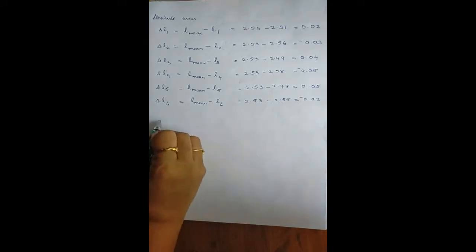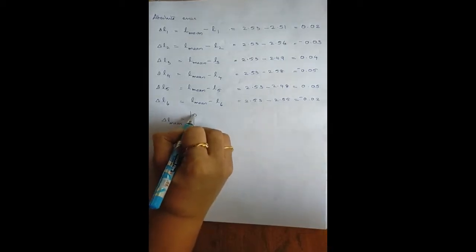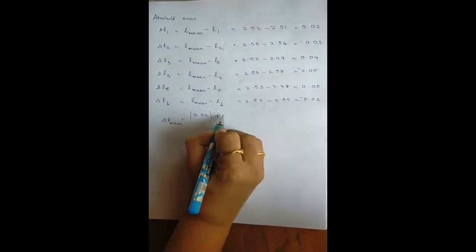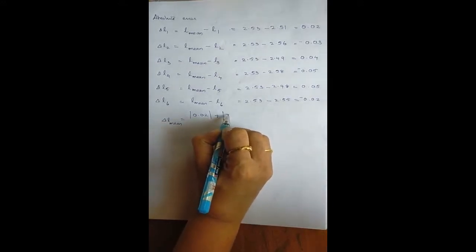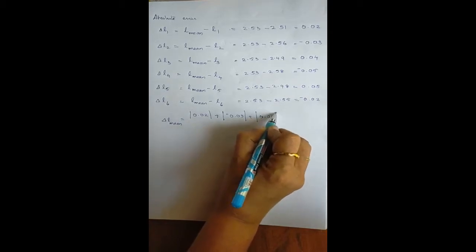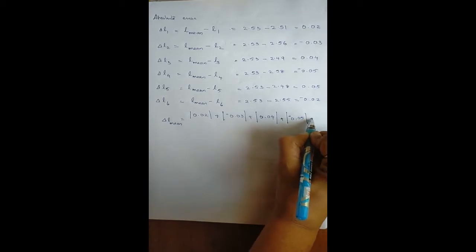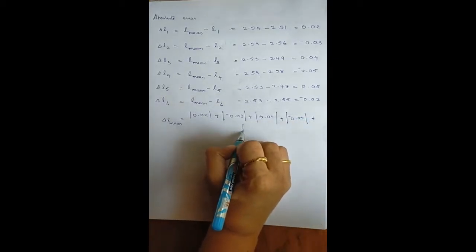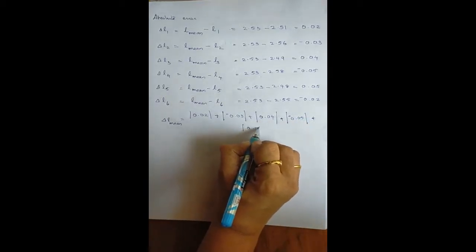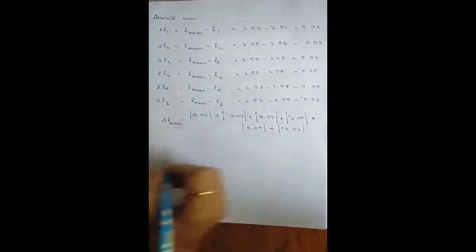Now we have to find out delta L mean. Modulus of 0.02 plus modulus of 0.03 plus 0.04 plus 0.05 plus 0.05 plus modulus of minus 0.02.